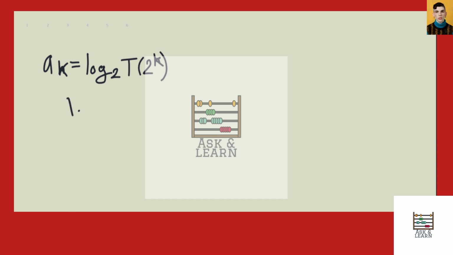So we'll say log 2 of t of 2 to the power of k is going to be equal to log 2 of 6 times 2 to the power of n plus 2 to the n plus 1.